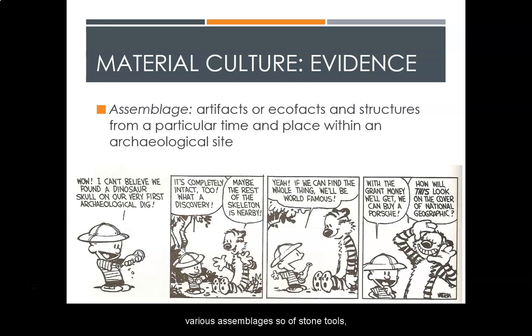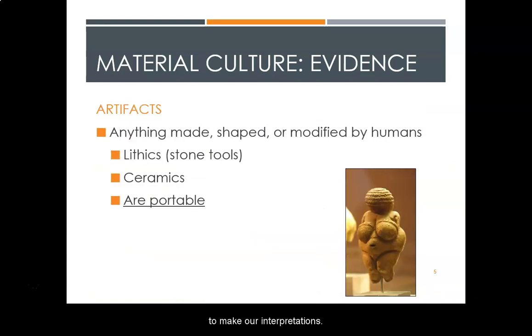So of stone tools, of pottery, of faunal remains, or animal bones, or floral remains. So a lot of different kinds of evidence. And what we do is we look at the patterning of that evidence that exists within archaeological sites and between archaeological sites to make our interpretations.